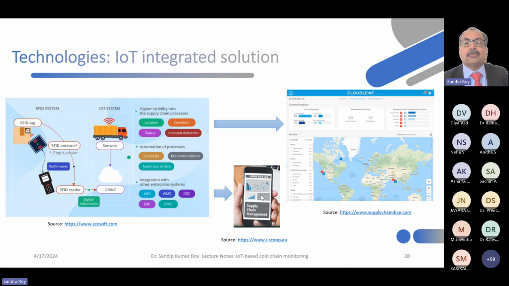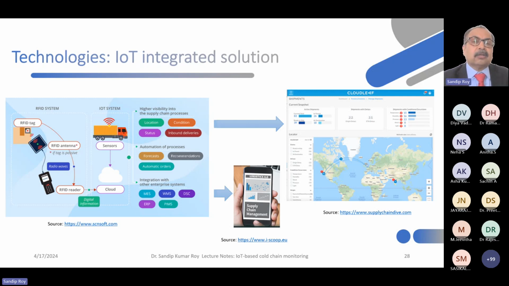This can be done simply using an IoT based tracking mechanism. I have given a case study here. You can go over it. This is a simple integrated solution which shows the hops, when it will deliver, and what the condition will be at the end.